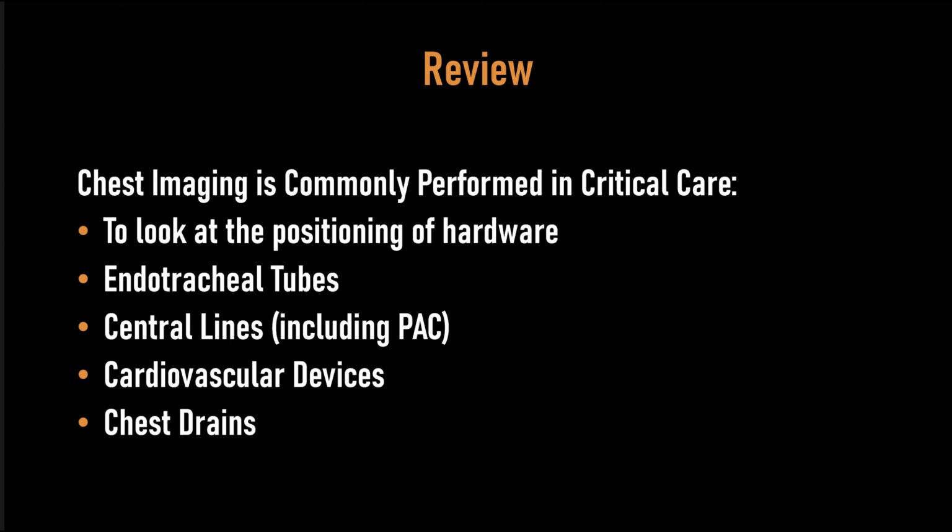Then we looked at central lines, including pulmonary artery catheters and PICC lines, and where they should be inserted into and where not, followed by cardiovascular devices such as pacemakers and intra-aortic balloon pumps, and we finished the tutorial with a discussion about pneumothoraces and chest drains. Next time we're going to look at common lung pathologies on the chest X-ray in the ICU.